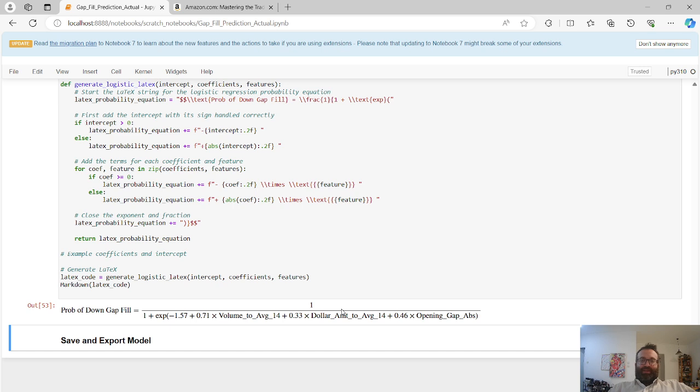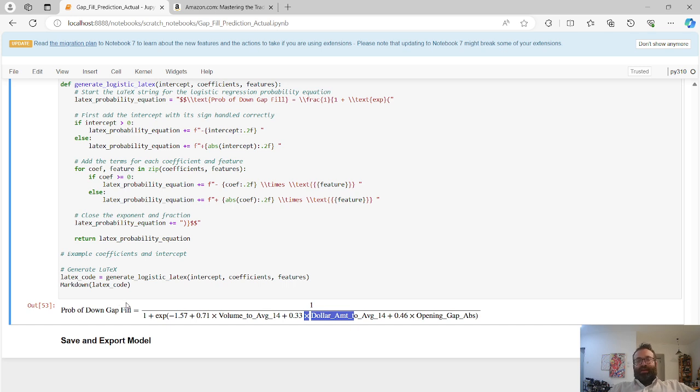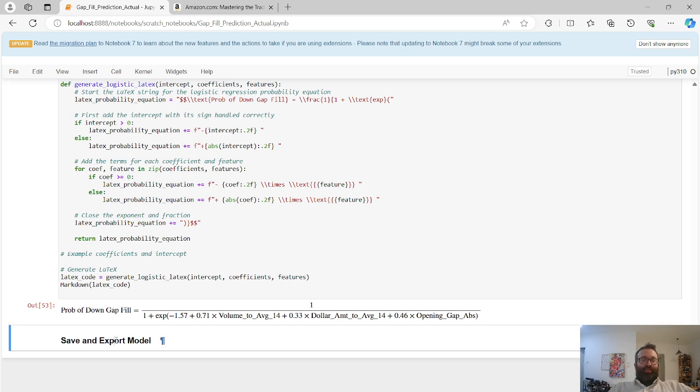So this makes a lot of sense. It means the larger the opening gap, the larger the dollar amount traded activity, and larger volume traded activity, the smaller probability of a gap fill, which makes perfect sense because if there's a big gap and there's tons of volume, like after an earnings report or after CPI or whatever, it's less likely for the gap to be filled.